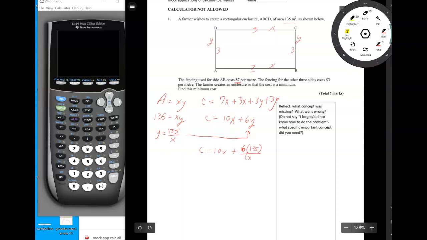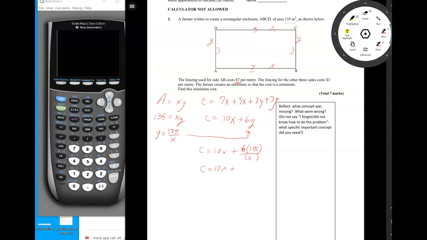So I substituted in for y 135 divided by x, right? And then now I have an equation with only C and x as my main equation. And I'm just going to simplify this by multiplying out the 6 times 135.